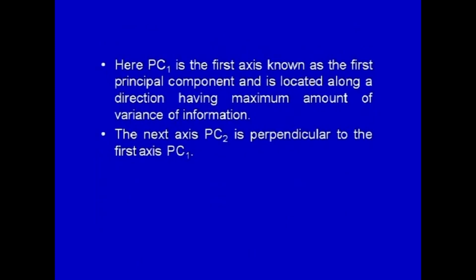Here PC1 is the first axis, known as the first principal component, and is located along the direction having the maximum amount of variance of information. The next axis PC2 is perpendicular to the first axis PC1.